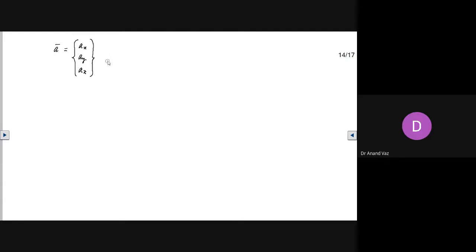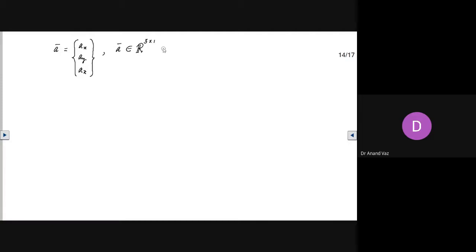This is vector A. We assume that Ax, Ay, Az are real elements, and we write this in this fashion: the vector A is an element of the real space, and because this is a 3×1 matrix, we can write it like this, or we can also write it just as R3.